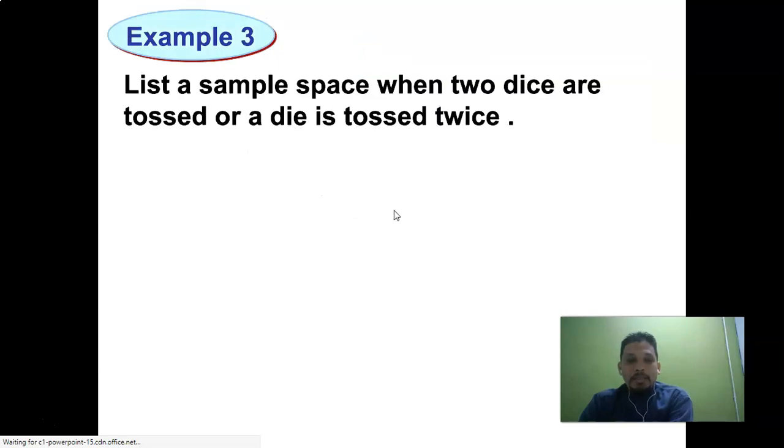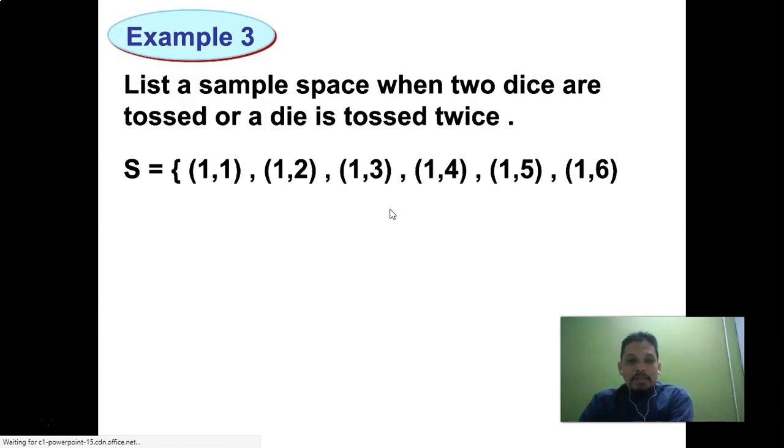Example 3. List the sample space if 2 dice are tossed, or a dice is tossed twice. You have 2 dice.